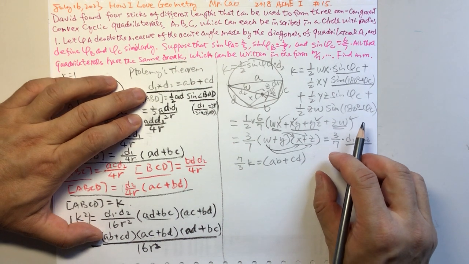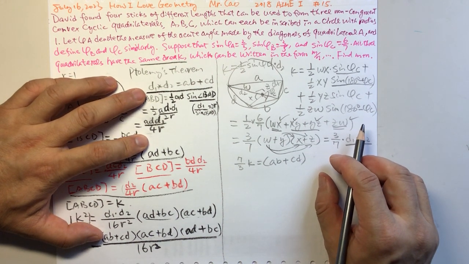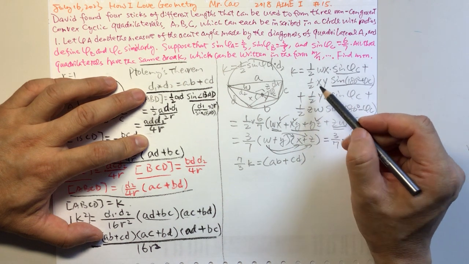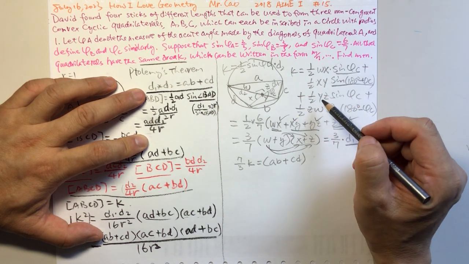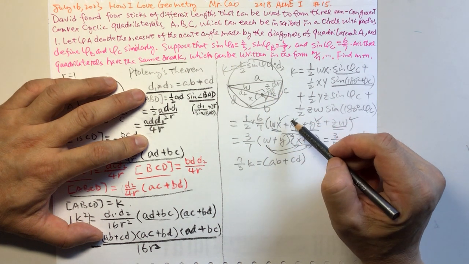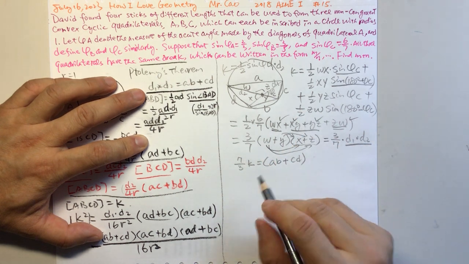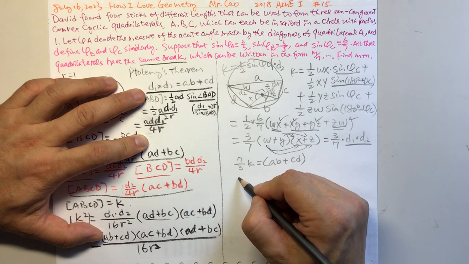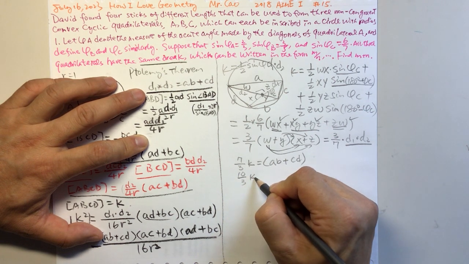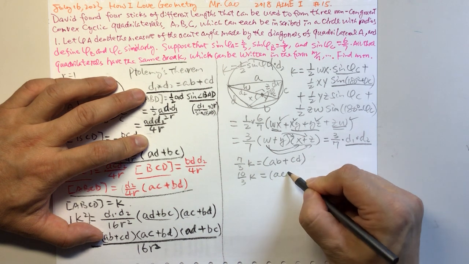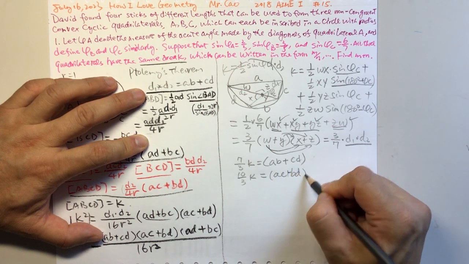So then for the next step we can use the same way, just change to a different angle. Here is phi C, then we will use phi B, phi A, right? And then we will get this one, and 3 times K equals AC plus BD.